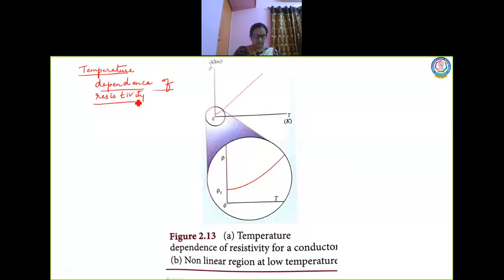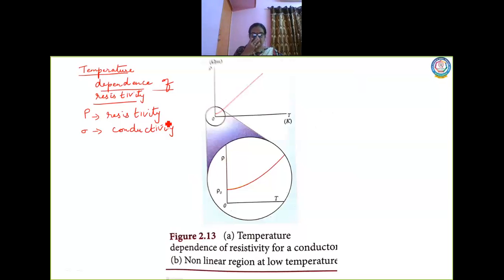Okay? Right. Now the resistivity of a material, we know, is represented as rho. So rho is resistivity, and what is sigma, children? Sigma is conductivity. So the resistivity and conductivity of a material depend on temperature. So what happens when you vary the temperature?